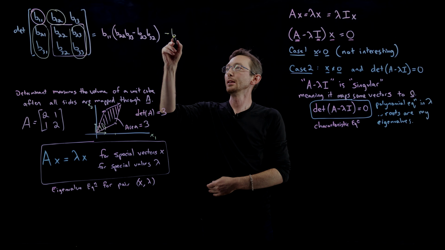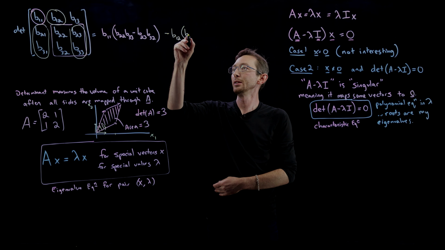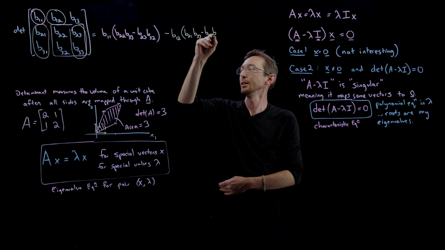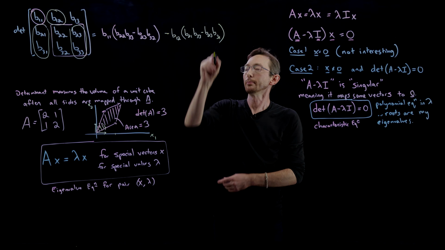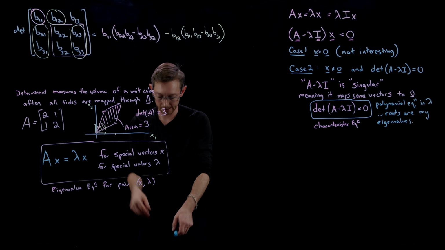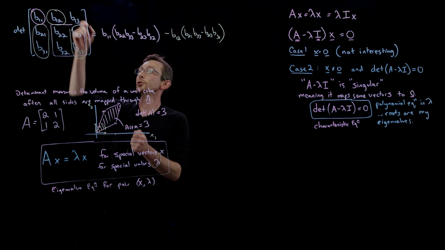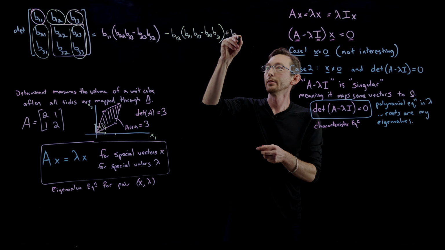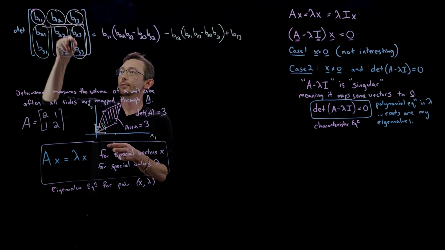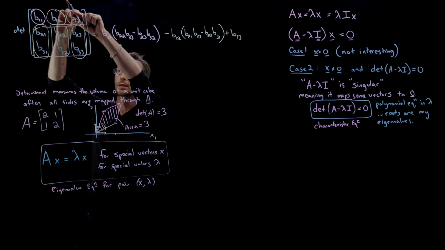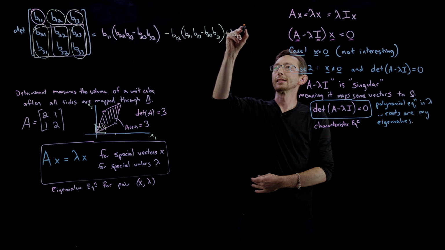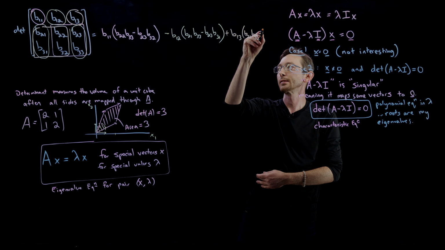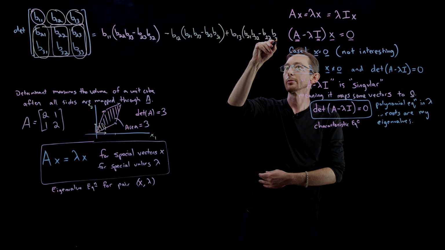So that's B12 times B21, B33 minus B23, B31. And then finally plus B13 times the determinant of this 2x2 subblock that you get when you omit this row and this column. And that's B21, B32 minus B22, B31.